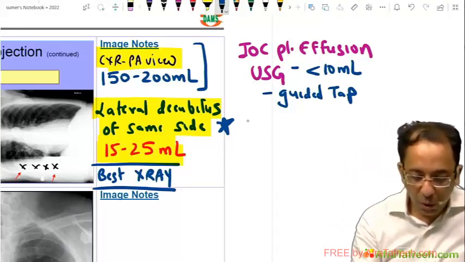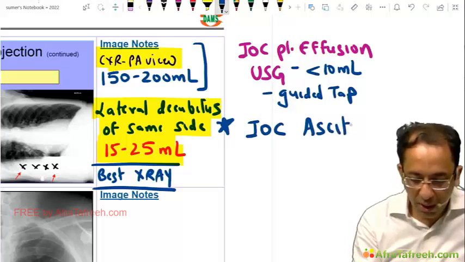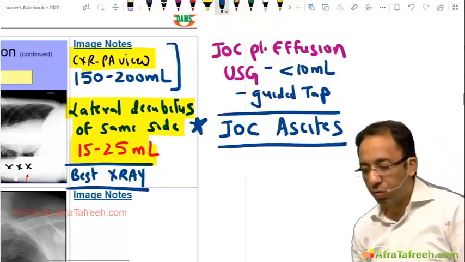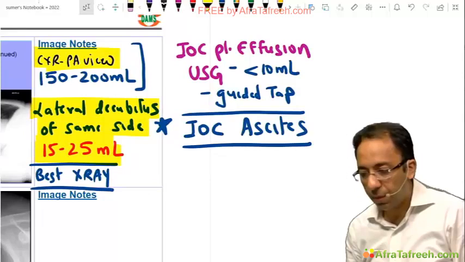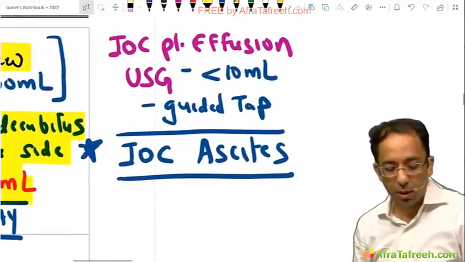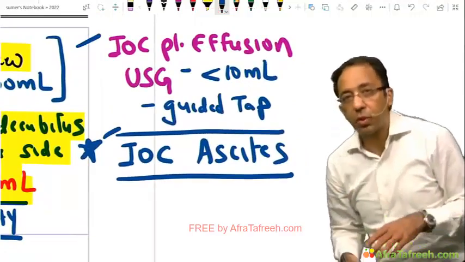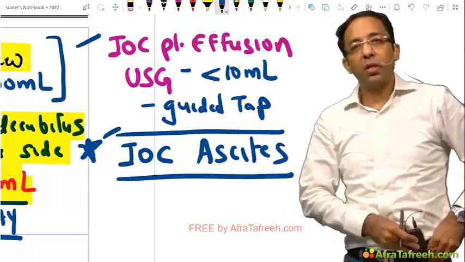Now I am giving you another question to solve. Investigation of choice for ascites is, anybody? Now see, some bachas are saying, sir, sir has taught us pleural effusion and he is jumping to ascites.